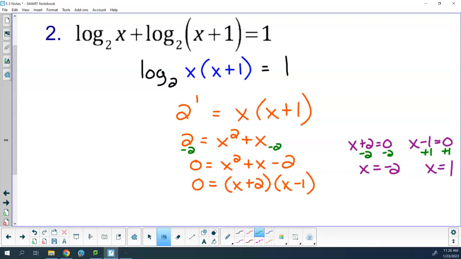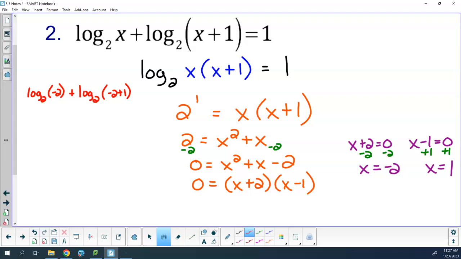Okay. So let's check the first one first. Log base 2 of negative 2 plus log base 2 of negative 2 plus 1. Log base 2 of negative 2. Why doesn't it work? Args got to be positive.